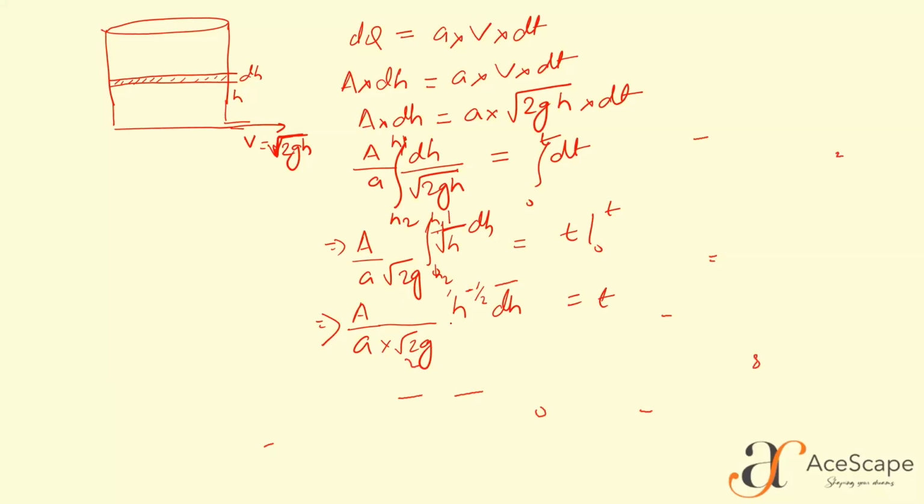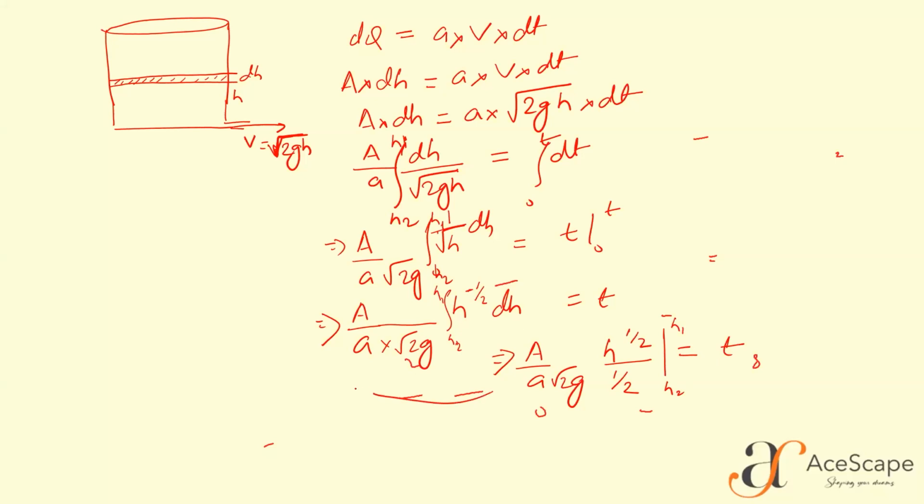So integration of h to the power minus half will be nothing but A by a into √2g into h to the power minus 1 by 2 plus 1, so it will be half, and h to the power half, and the power will be coming to the denominator, with the limit from h2 to h1, and this is the time t.